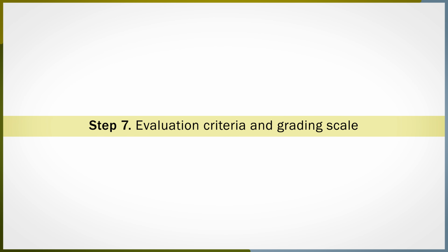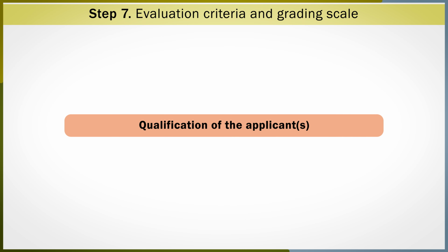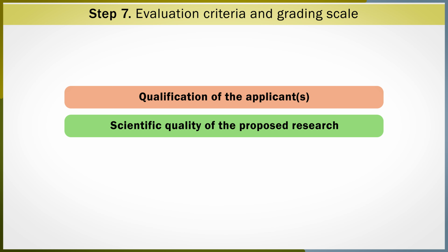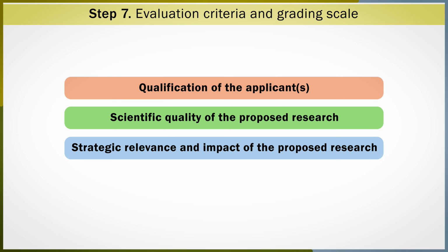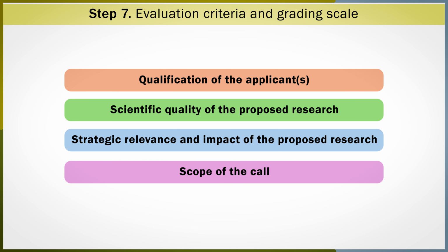Step 7. Evaluation criteria and grading scale. The main criteria used by SSF in the evaluation of applications are qualification of the applicants, scientific quality of the proposed research, strategic relevance and the impact of the proposed research, and scope of the call. Additional evaluation criteria may apply for certain calls or grant types.